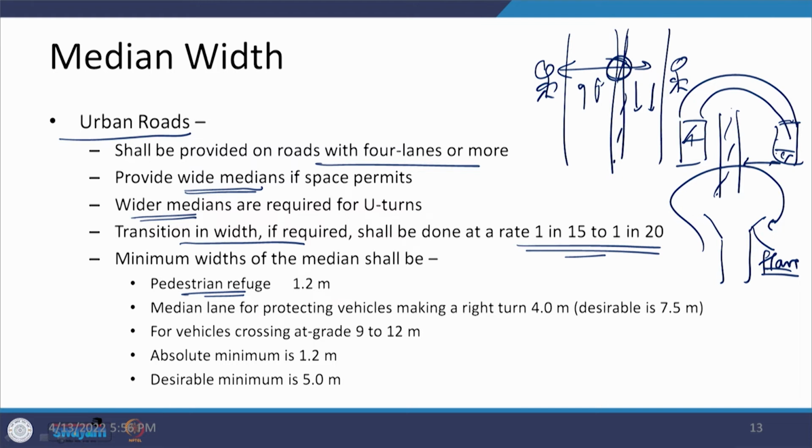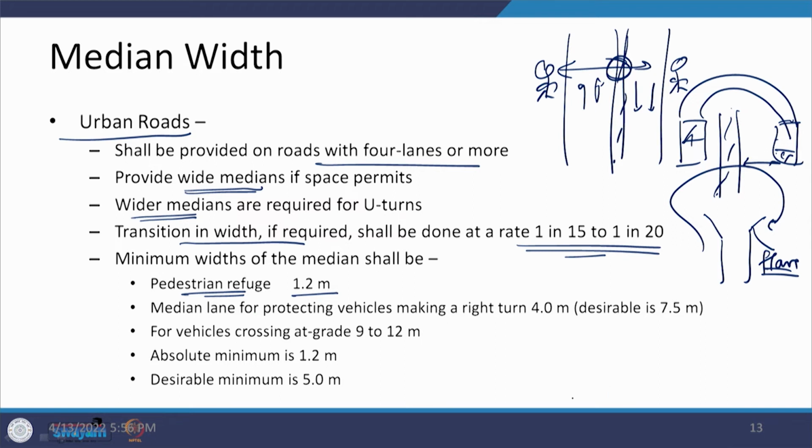So, first of all they cross one side and then they stand there, check whether it is safe enough to cross further and they will cross again. So, this space if it is being provided, that is known as a pedestrian refuge, which should be minimum 1.2 meters wide. Median lane for protecting vehicles making a right turn is 4 meters and desirably is 7.5 meters.